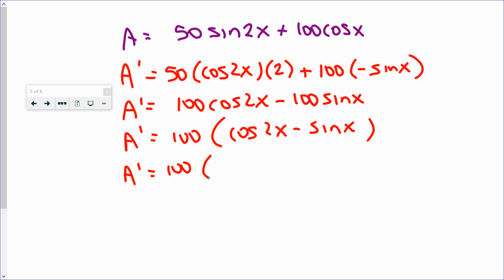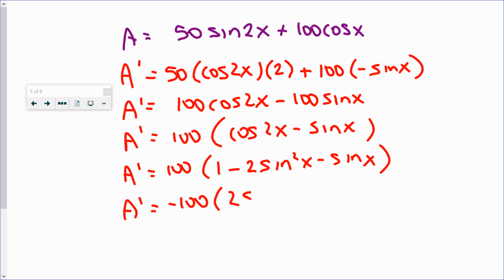So instead of cos of 2x, I'm going to write it as 1 minus 2 sine squared x minus sine x. Ooh, and I don't want my leading coefficient to be negative, so I'm actually going to take out a -1 and rewrite this as 2 sine squared x plus sine x minus 1.